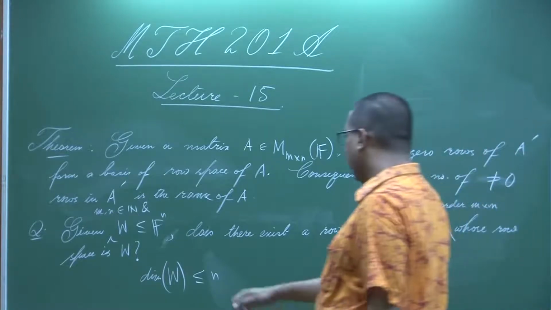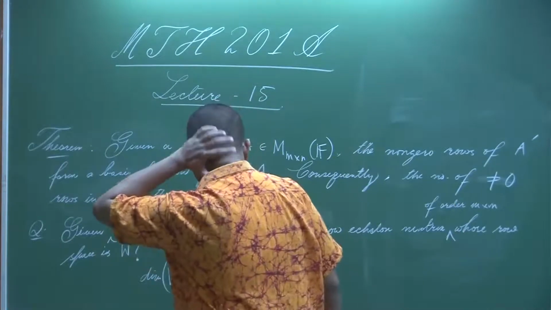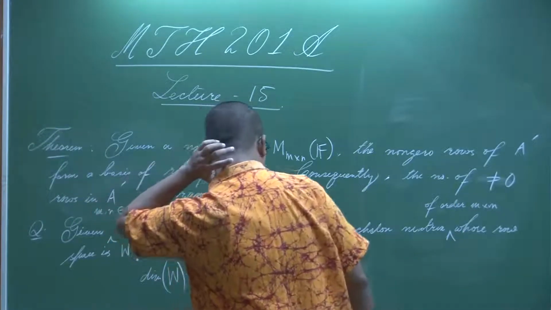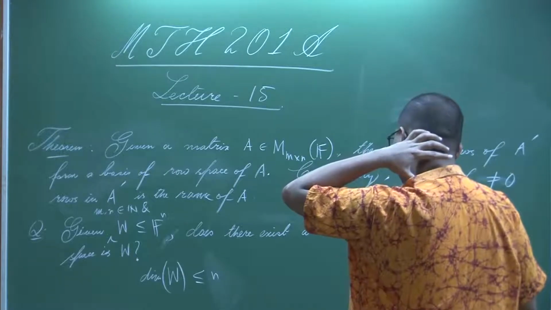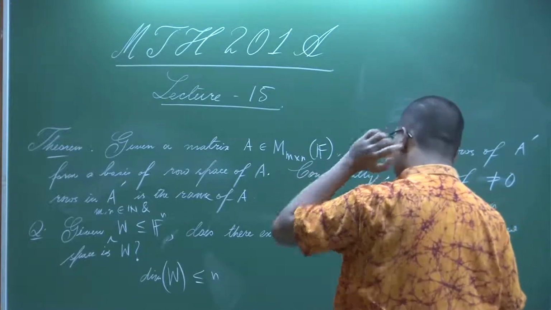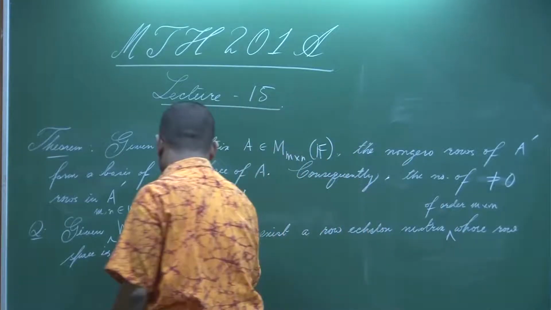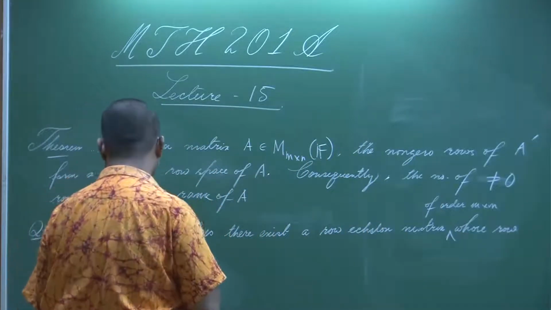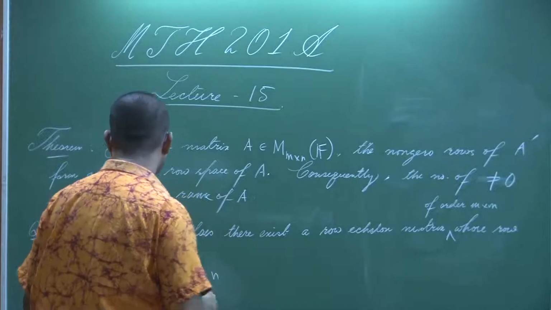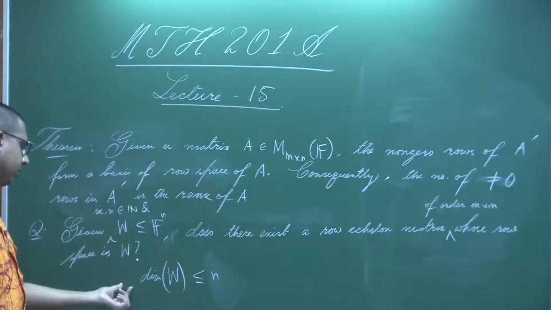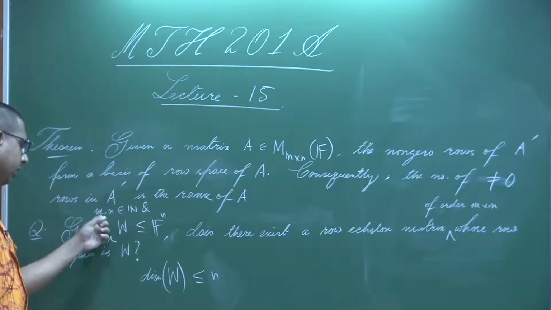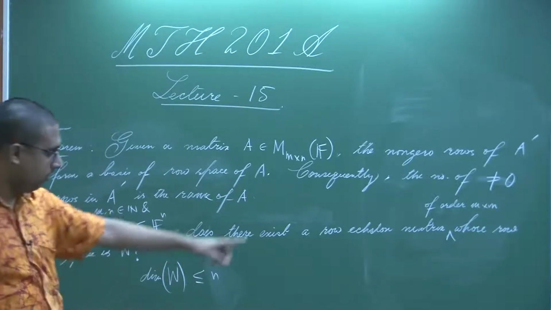Now, I think we have to do something, otherwise if m is arbitrary, it will be a problem. This statement is not correctly formulated, because suppose the dimension of W is much more and m is 1, then certainly we cannot have such a matrix.